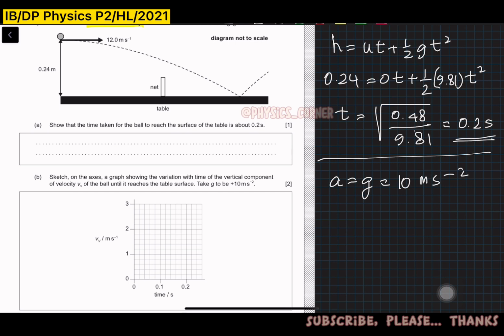Since you know that a is delta v over delta t, or the gradient of the graph for the function velocity and time, we need the slope. We find the slope v over t is about 10.